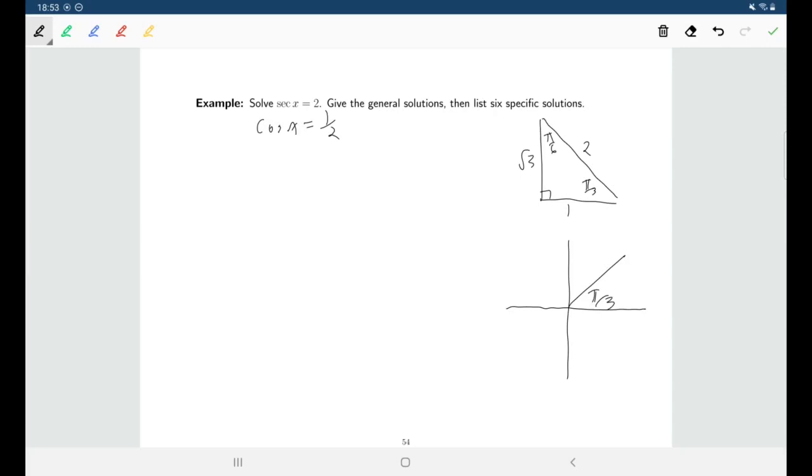We also know that another solution would be found in quadrant 4, and that would have the same reference angle of pi over 3. That would be the angle 5 pi over 3.